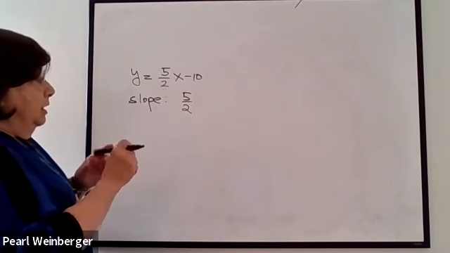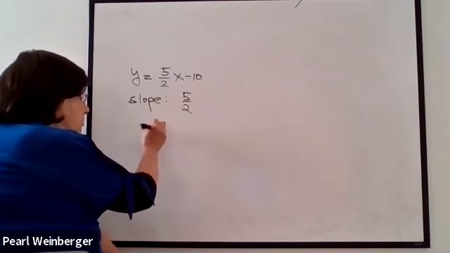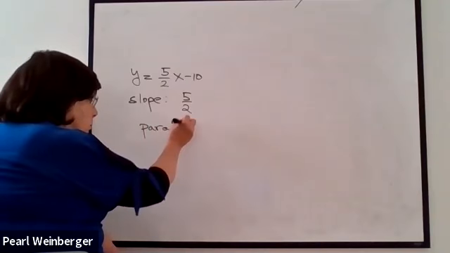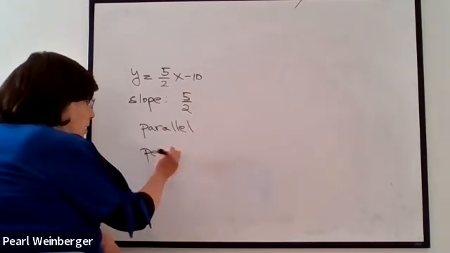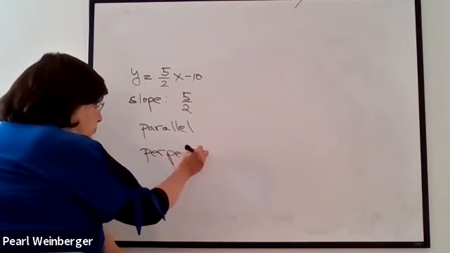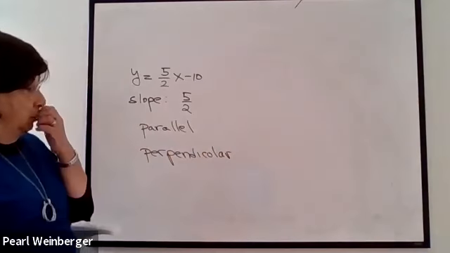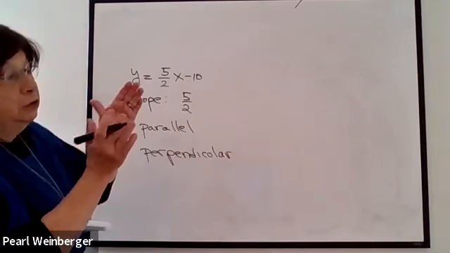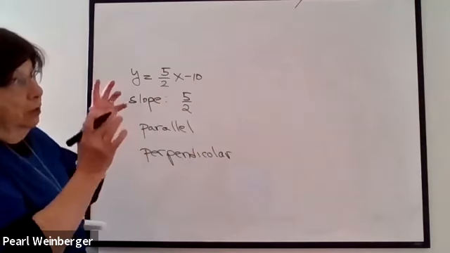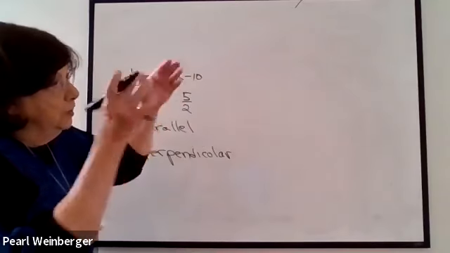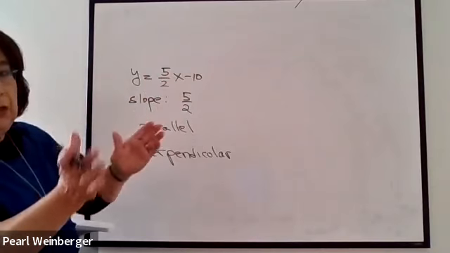Number two, we can talk about parallel lines. And we can talk about perpendicular lines. And this is something we talked about last time as well. Parallel lines are two lines that go right next to each other, but no matter how far you extend them, they're never going to meet, they're never going to get any closer, they stay the same amount apart.